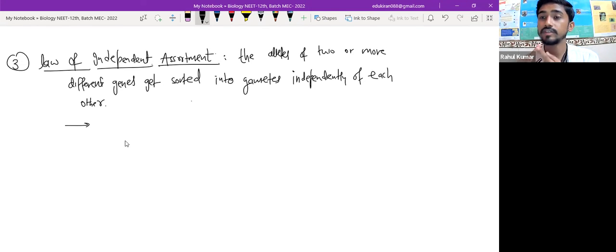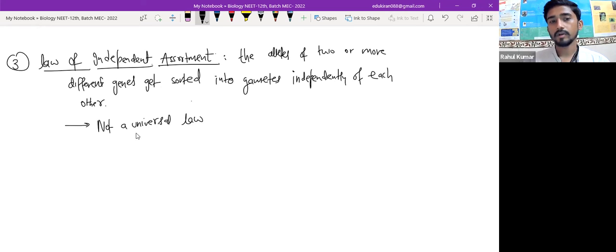There are many genes which are linked together. So whenever one gene is inherited, the other gene comes with it. This was not known at the time of Mendel's pea plant experiment. So write down, law of independent assortment is not a universal law, but law of segregation of gametes is a universal law.